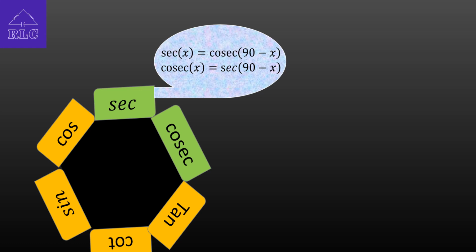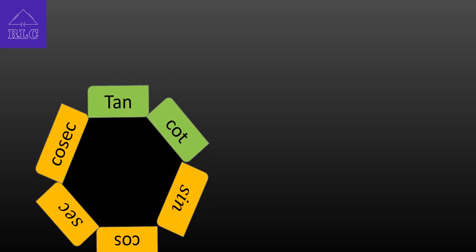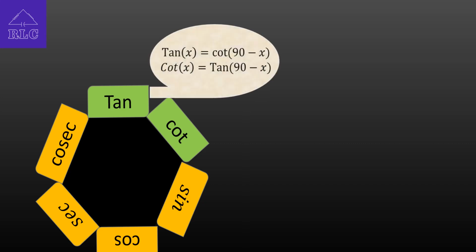Next, tan and cot can be related like this in sign convention: tan x is equal to cot 90 minus x. Similarly, cot x is equal to tan 90 degrees minus x.